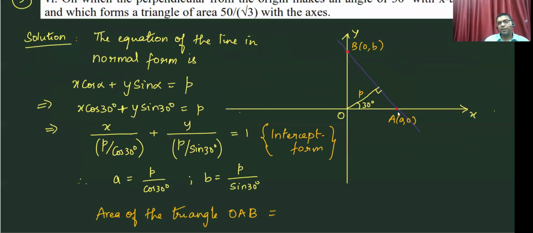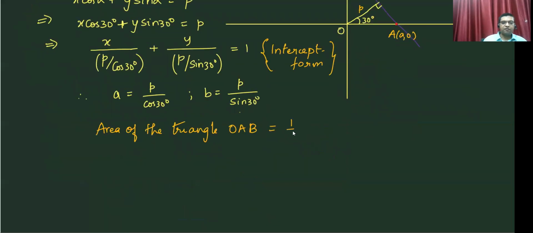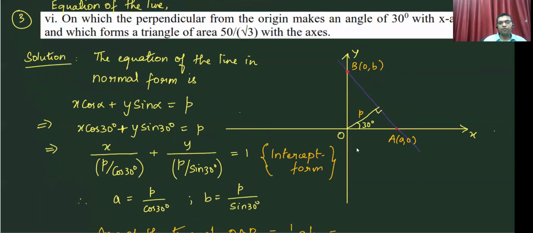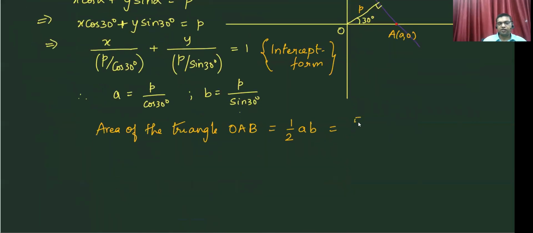It is half base into height. It's a right angle triangle because coordinate axes are perpendicular. So you get half AB. All right. Area of the triangle is equal to half AB is equal to what is given, 50 upon root 3.